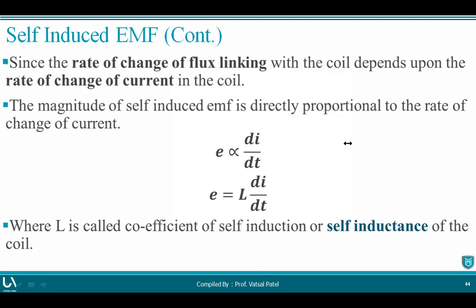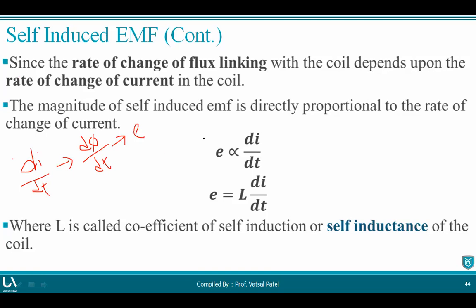And whatever is given here, it is indicating what? When you supply the voltage from the battery source, di by dt, that means the rate of change of current that you supply with respect to time, will change the rate of change of flux linking with the coil, and that will change the induced EMF inside the coil, right?